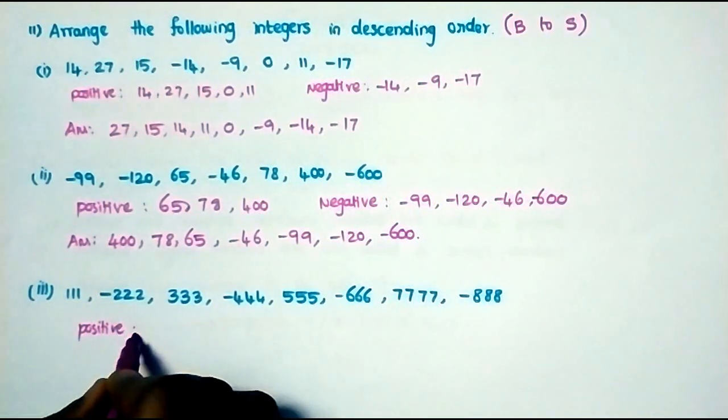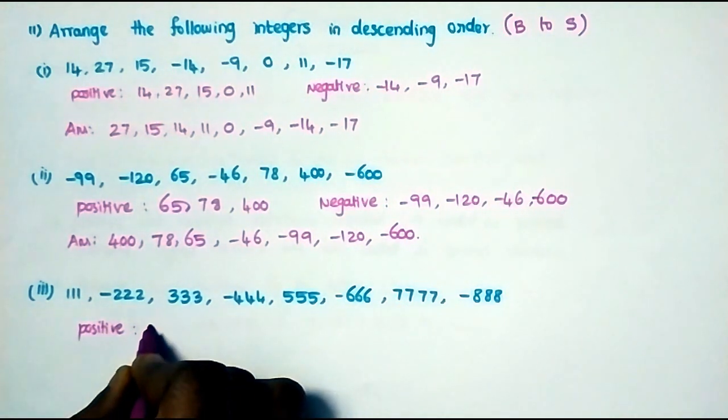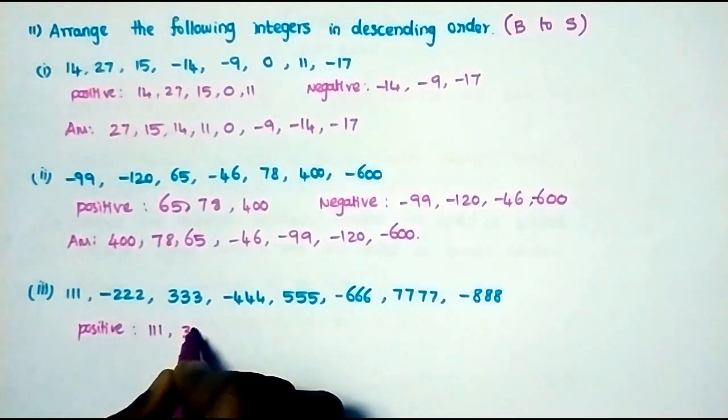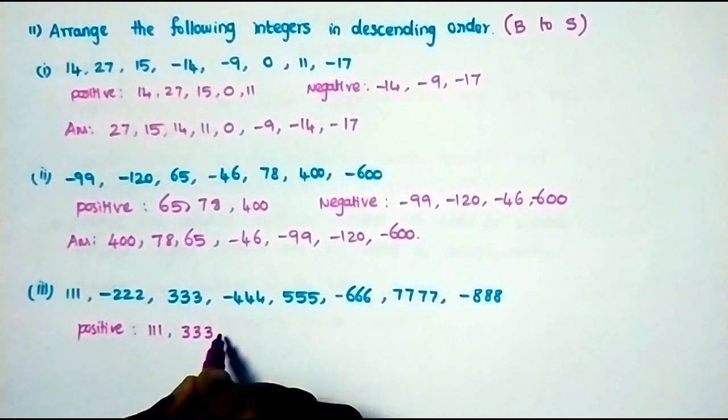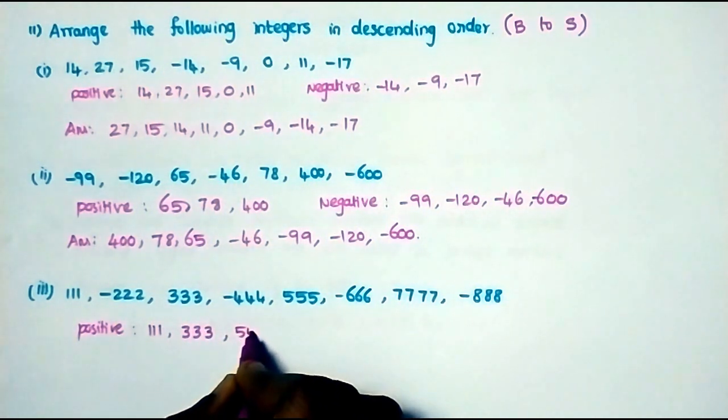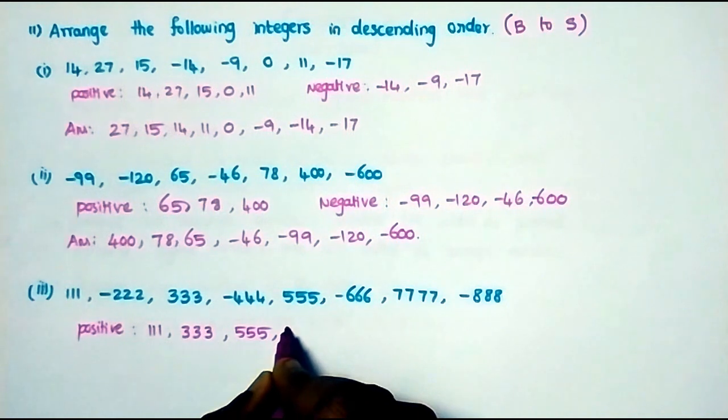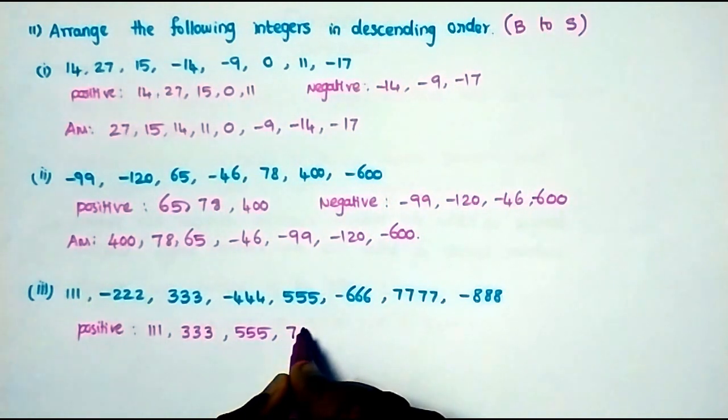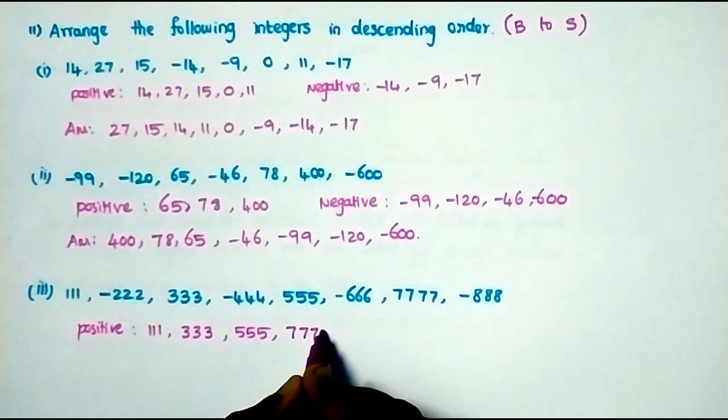Next one, third subdivision. Write the positive integers: 111, 333, and then 555, and then 7777.